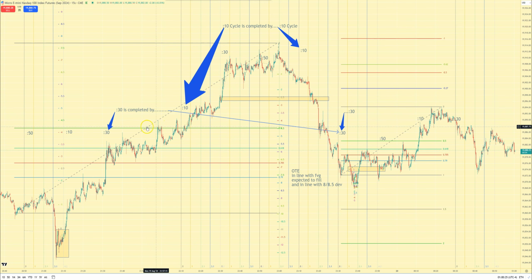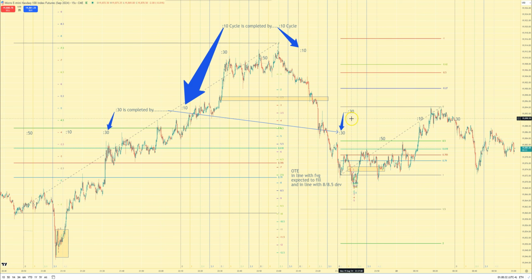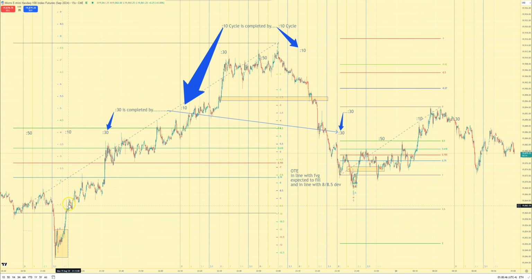Then we had another one. 50, 10, 30, and another 50, 10, 30, and then it came down and it stopped in this area here, on top of the 10s, because this is 10 here, started here.